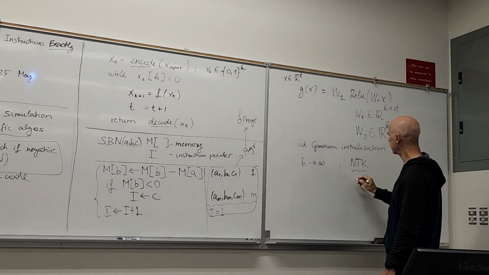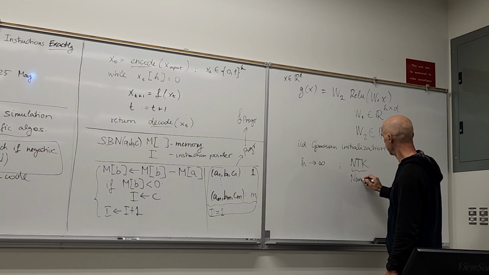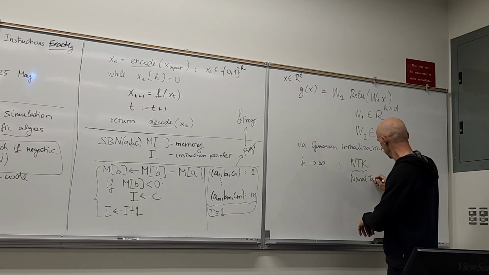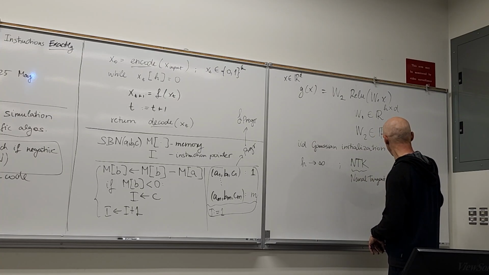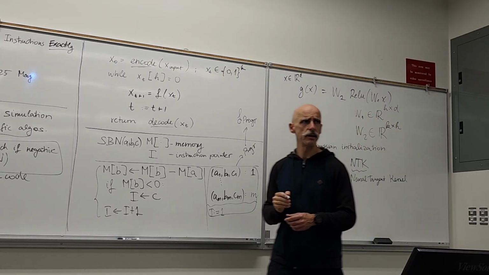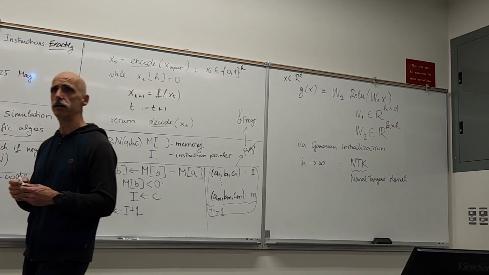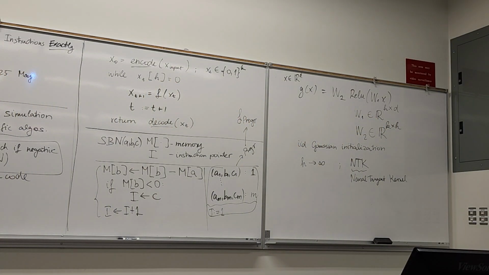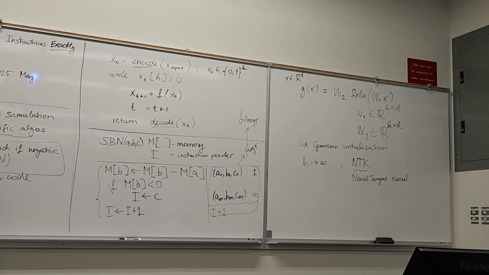NTK stands for Neural Tangent Kernel. Have you heard about this? No. Okay. So this is one popular way of bastardizing neural networks so that they are amenable to theoretical analysis.